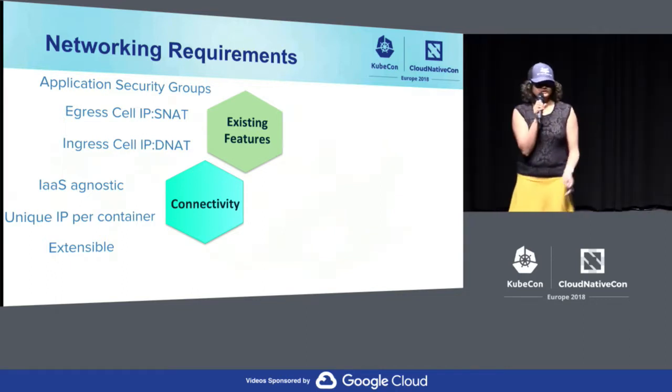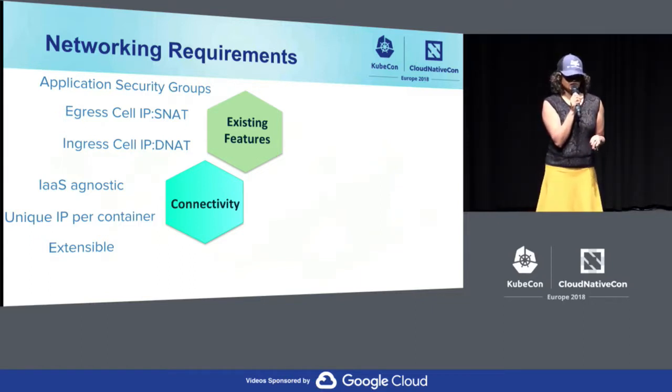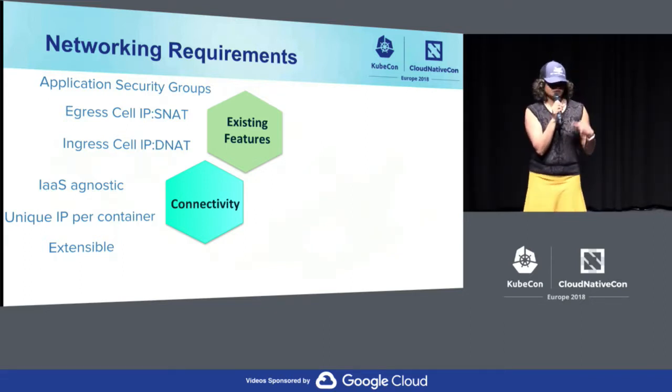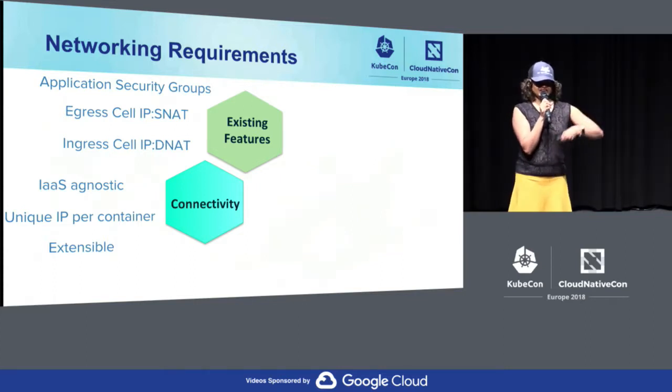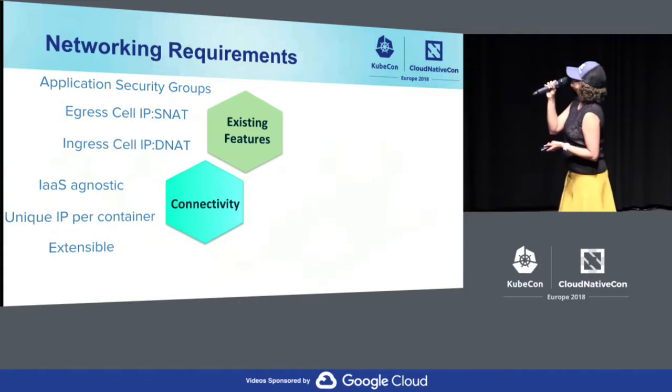And finally, we wanted it to be extensible. Mostly because there are other solutions. Angela showed a whole bunch of CNI plugins that are available, as well as SDN solutions that you might want to deploy. And so extensibility was another big requirement in terms of connectivity.